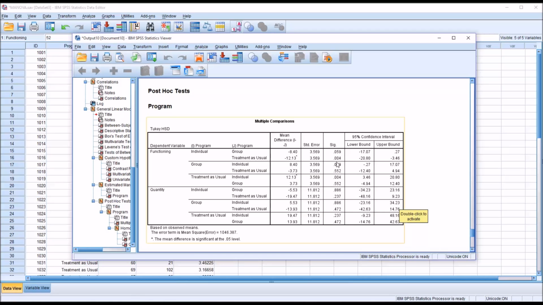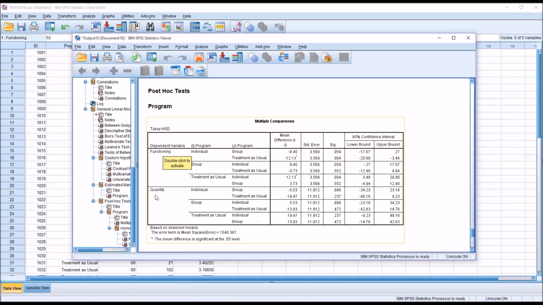So there's a statistically significant difference between the individual level and the treatment as usual level on the functioning dependent variable. And then looking at group and treatment as usual, we have a non-significant finding.